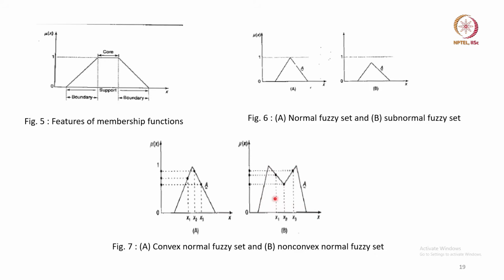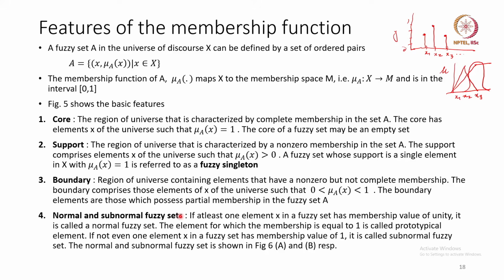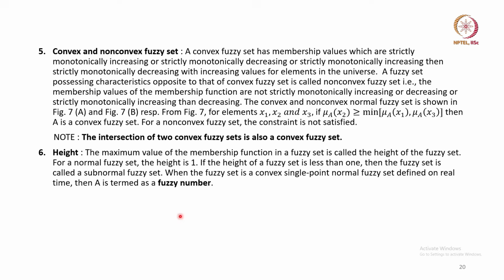Now if you take three values x1, x2, x3, and this should work for any set of values, you find that if the membership value of the second value is greater than or equal to the minimum of the first and the third value, then it is a convex fuzzy set.